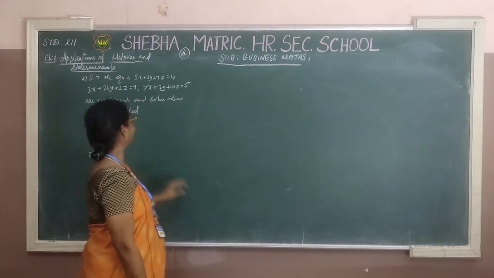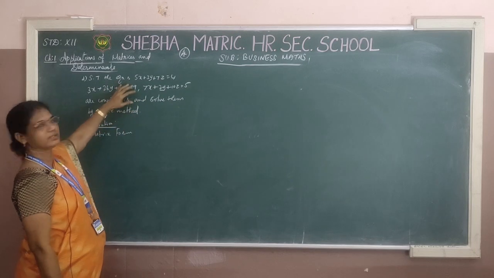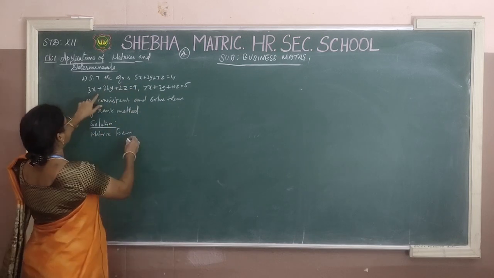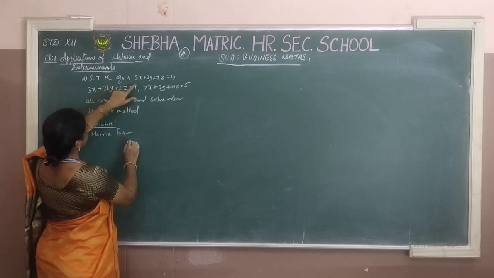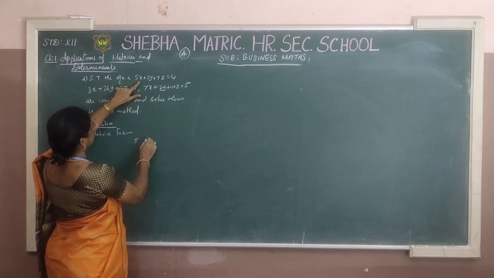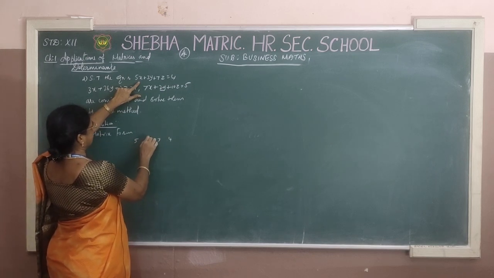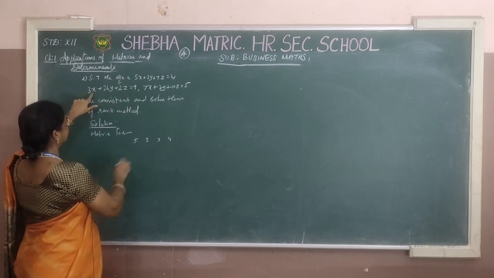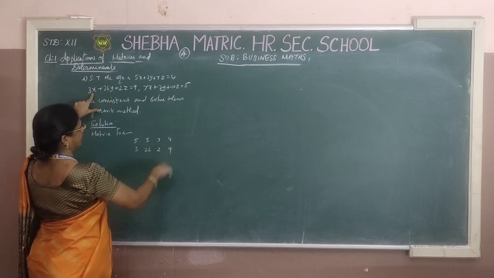Let us see the fourth sum. See how to form the given equations into a matrix. Listen. In the first equation, the coefficients are 5, 3, 7 and the answer is 4. The second one: 3, 26, 2 and 9.